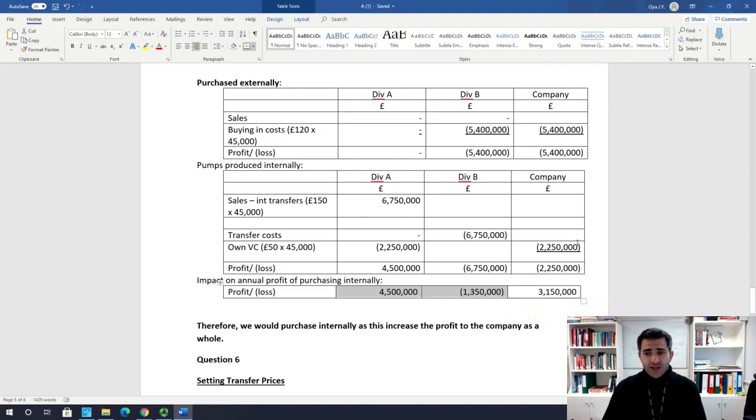So internally should be profitable to the company as a whole. I agree that Division A will benefit more and Division B will not benefit, but to maximize the company profit, the transfer should be internal.